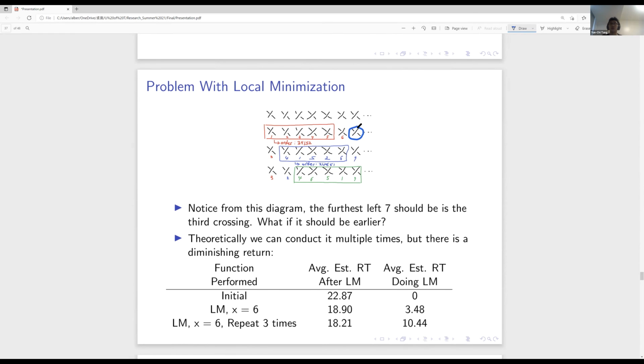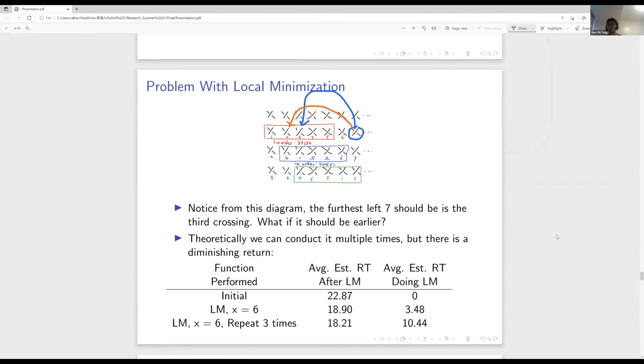So the earliest I can shuffle this crossing is to the 3rd. But this begs the question of what if in reality the best permutation is if this crossing should have gone to the 2nd.